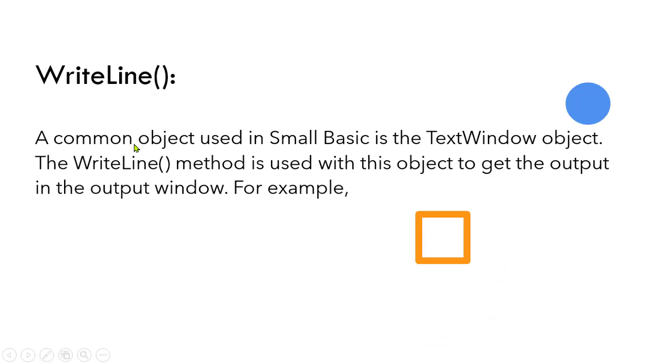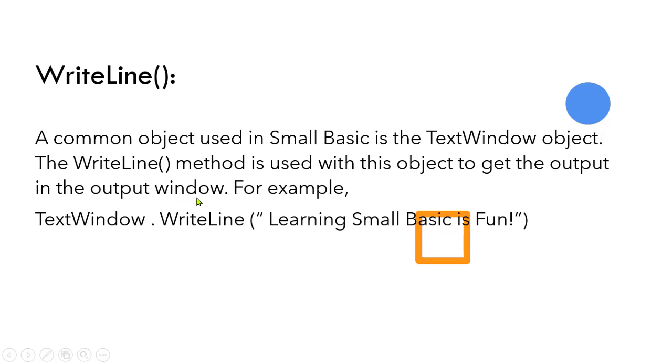As I told you earlier that text window is a common object used in small basic, and write line is a method used with this object to get the output in the output window. For example, text window dot write line learning small basic is fun.